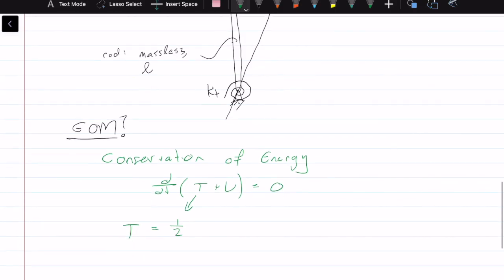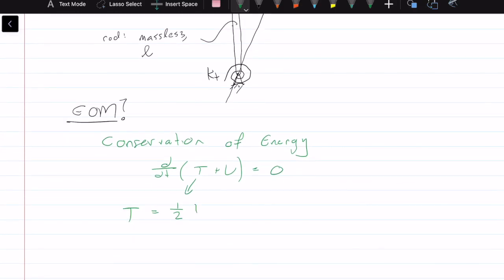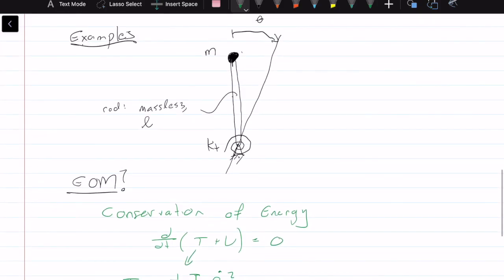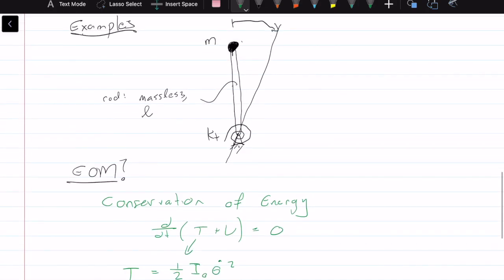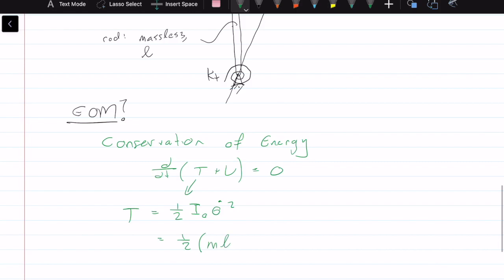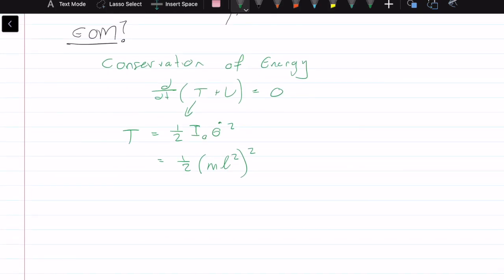With that in mind, T equals half I_A theta dot squared. And what is I_A? We have a point mass, and the formula for a point mass is m times the distance L squared. So we're going to have half times m L squared, theta dot squared. Cool, so now we've got our T.